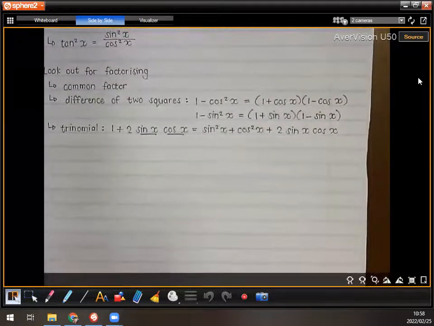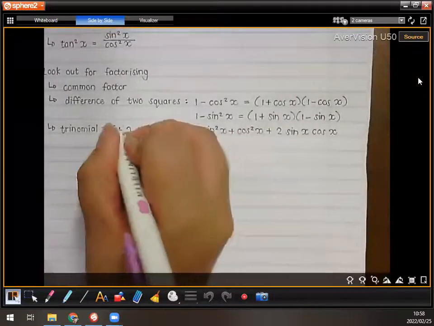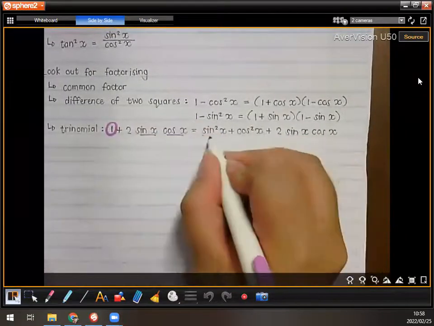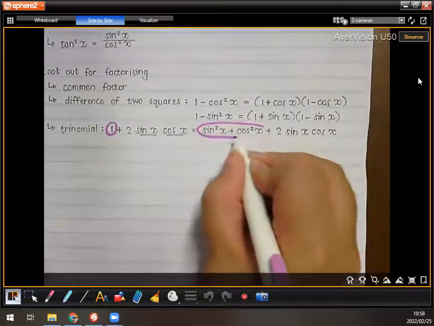And maybe you just want to take a highlighter or something. That 1 is equal to the sine squared x plus cos squared x.